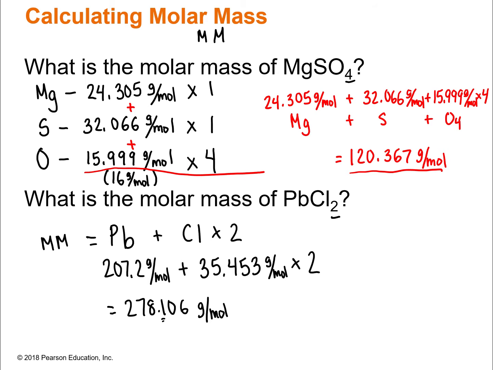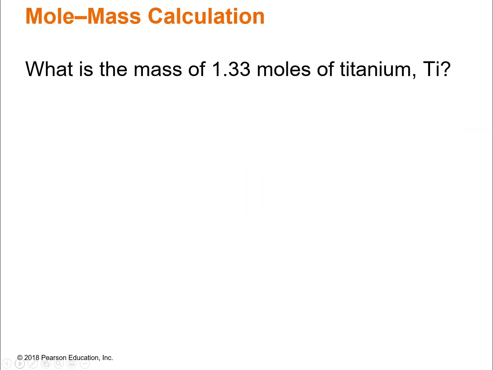So we talked about molar mass and calculating it because we can actually use it to figure out the mass of a substance. So in this case, the question is, what is the mass of 1.33 moles of titanium? We're adding another problem type to our list. We know the number of moles, and we're trying to get to the mass in grams. To do this calculation, you're always going to need molar mass.